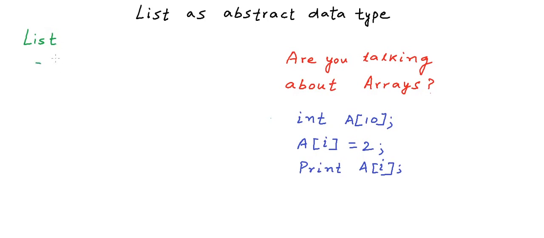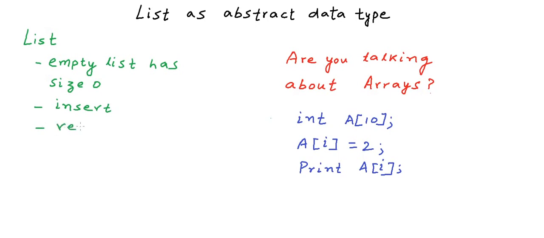So the features of my list are that I'll call my list empty if there are no elements in the list. I'll say the size of the list is 0 when it is empty, and then I can insert an element into the list, and I can insert an element at any position in an existing list. I can remove an element from the list.